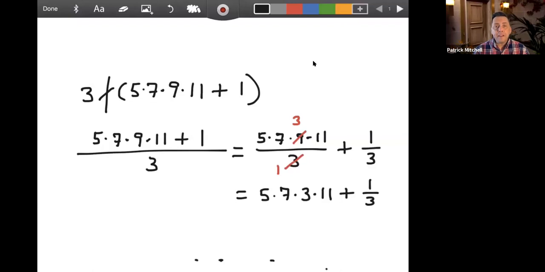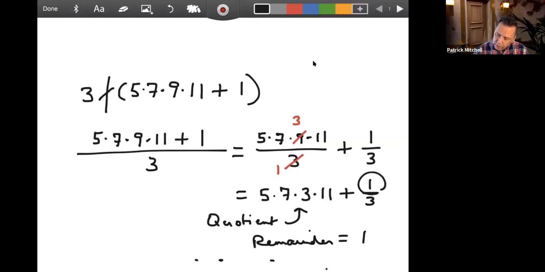And what that means is when you divide 5 times 7 times 9 times 11 plus 1 by 3, the quotient is 5 times 7 times 3 times 11, and the remainder is 1, this one here. All right, so since there's a remainder that is not 0, that means 3 does not divide that number, and this statement is true.